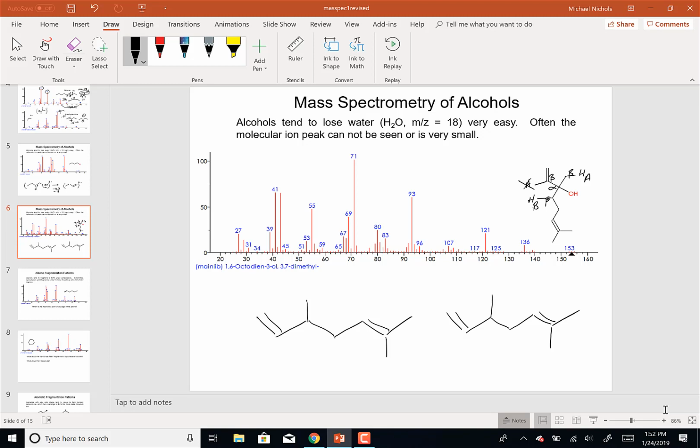The most substituted double bond, which is the most stable. So when we lose the hydrogen, we're going to form the most substituted double bond. We have two choices: we can put the double bond there, or we can put the double bond there, and that one's going to be more stable because it is the most substituted.